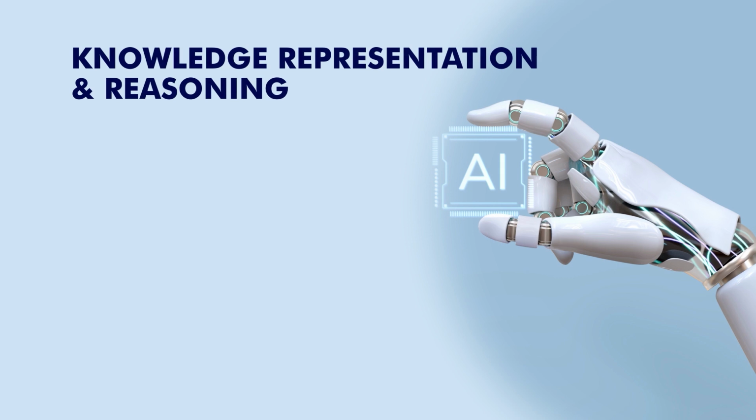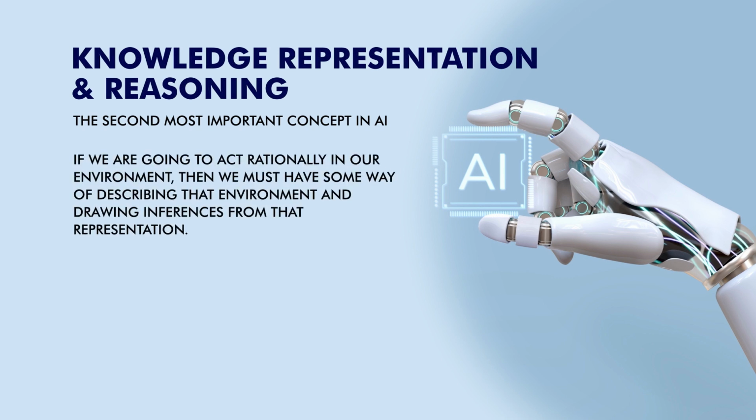Knowledge representation and reasoning. The second most important concept in artificial intelligence. If we are going to act rationally in our environment, then we must have some way of describing that environment and drawing inferences from that representation.